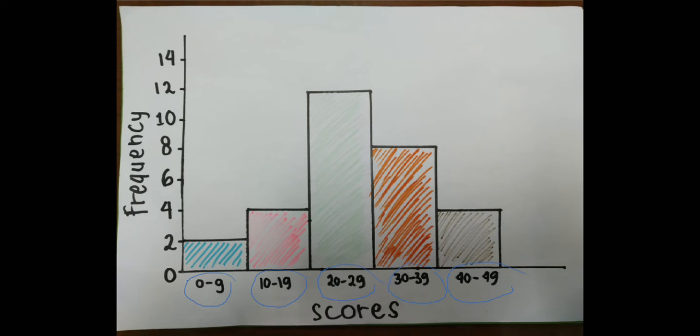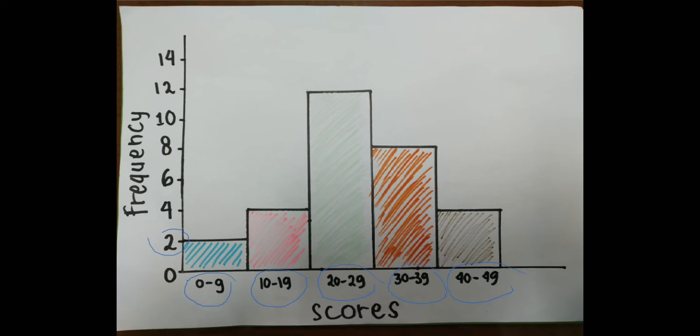After making the ranges, we can also see the frequency of each bar. For the score interval 0 to 9, the corresponding frequency is 2.